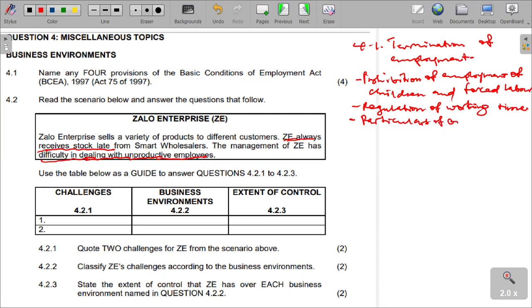And then it can also identify types of leave available.